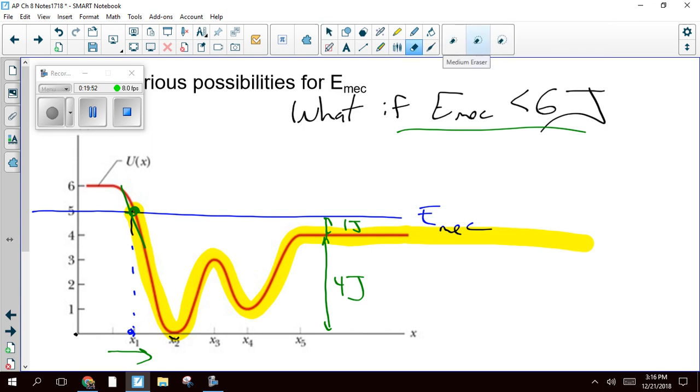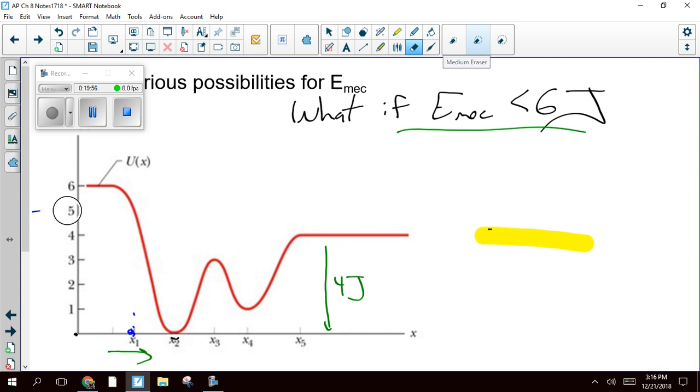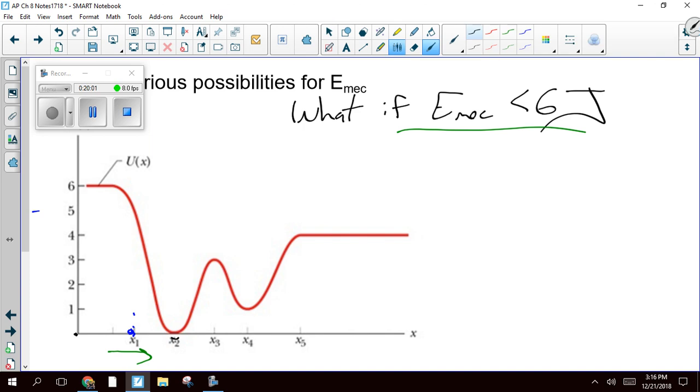What if we started it at this position, but gave it 5 joules of kinetic energy. So right here, my potential energy is 0. And if I give it 5 joules of kinetic energy, well, it would depend on which way I'm moving. If it's moving this way, then my potential energy there is 0, my kinetic energy is 5 joules.